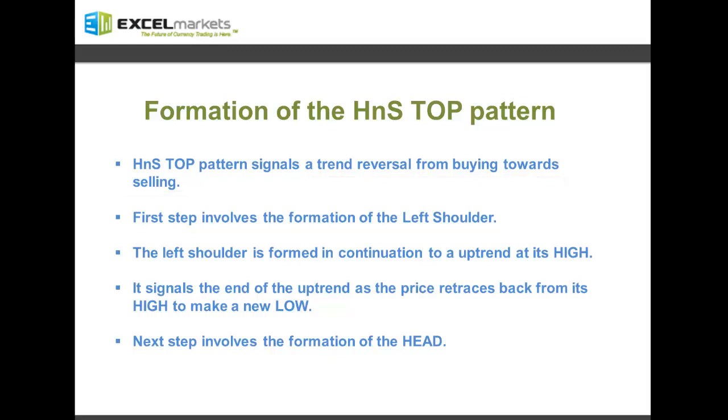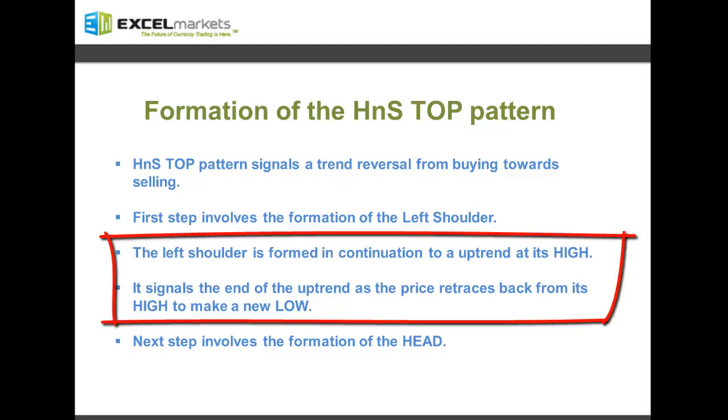The first step in the formation of this pattern involves the formation of the left shoulder. The left shoulder is formed in continuation of an uptrend at its peak. It signals an end of an uptrend, and the price retraces towards lower price levels to complete the formation of the left shoulder.